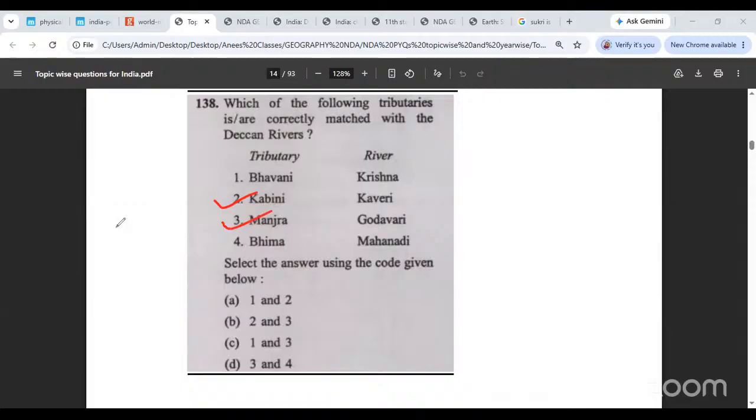Absolutely. Bhavani, Kaveri का ही tributary है. Bhavani should ideally be a tributary of the Kaveri.